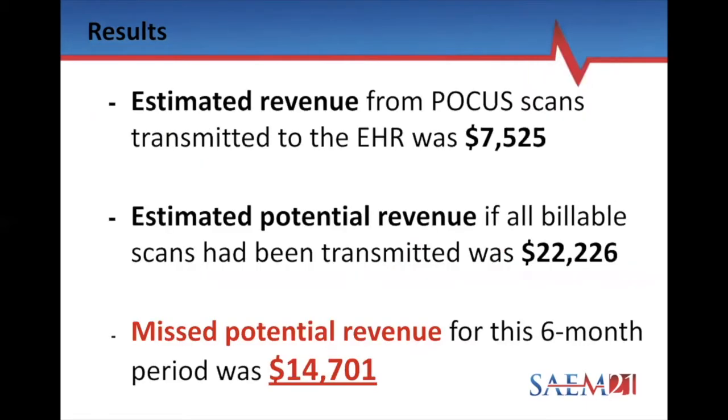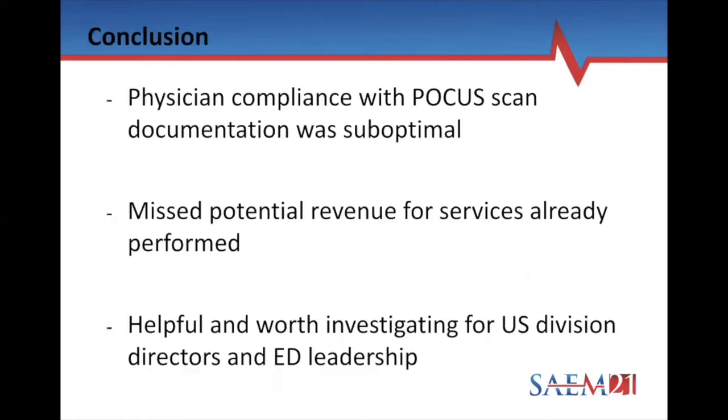The estimated revenue from those 300 or so scans was about $7,500. The estimated potential revenue, if every single scan was signed and transmitted, would have been about $22,000. Simple subtraction, the missed potential revenue for this 6-month period alone was about $14,700 for scans that were performed but not signed and therefore not billed.